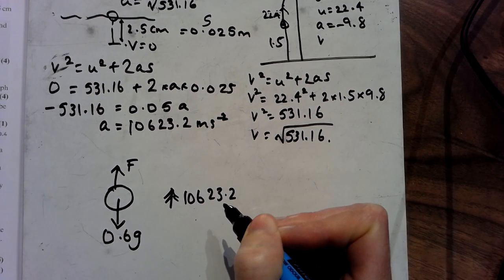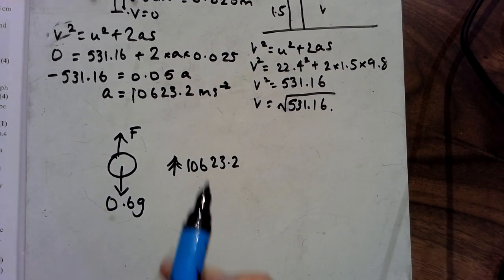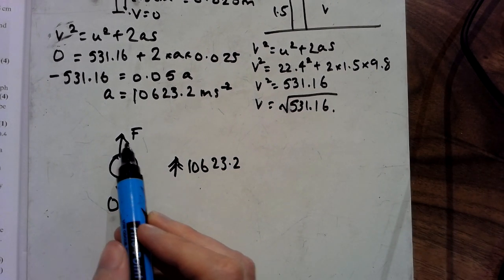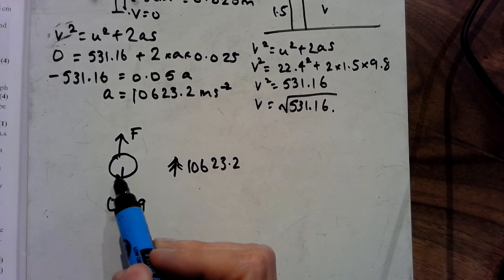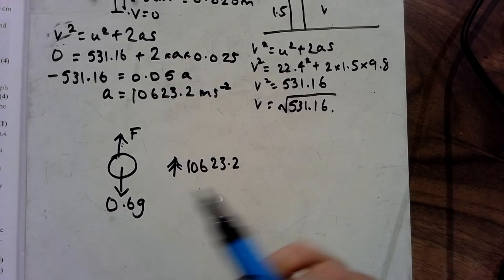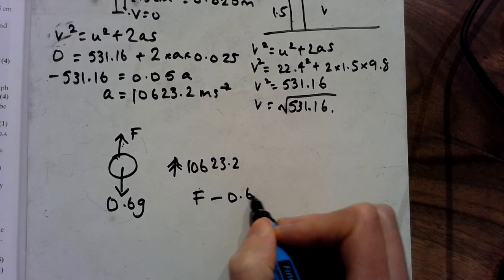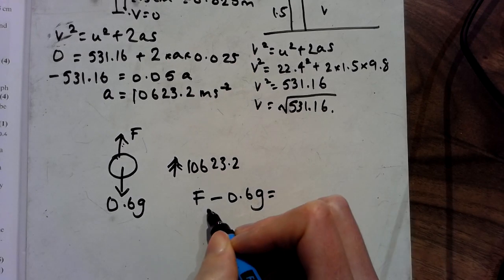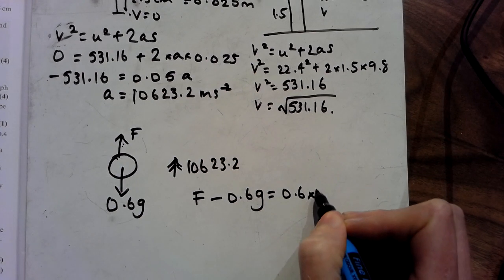If you did it down, it would be negative that. So I'm doing it's up at this acceleration. So when I do my F equals ma, this and this are going to have the same sign. This is going to have opposite signs. So F equals mass times acceleration.